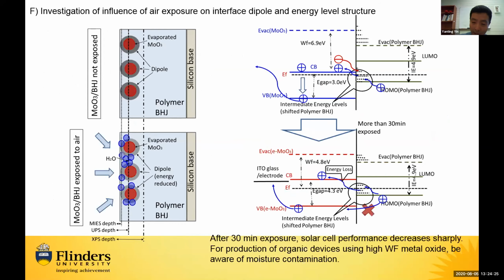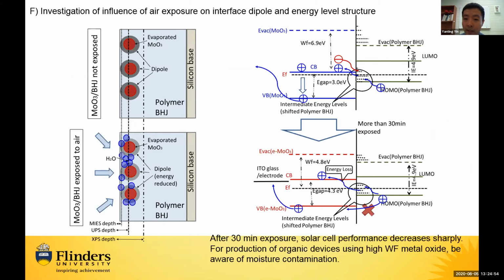So in this case, we understand that once the interface of molybdenum oxide and the bulk heterojunction, even coated with an electrode, is exposed to air, moisture from the air actually penetrates, or let's say invades, into the interface, killing the dipole, because this is non-conductive. It's killing the dipole because the dipole is an electronic property.